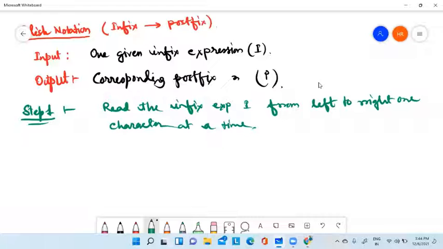Okay, I'm reading the expression one character at a time, and then I repeat until the end of the expression.